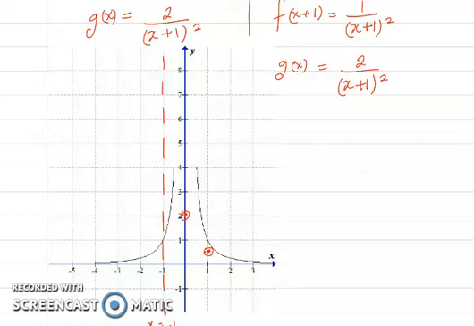Now the point minus 1, 1: 1 unit to the left, y multiplied by 2, it becomes minus 2, 2. Let's have a look at the point 1/2, 4. 1 unit to the left gives minus 1/2, 4.